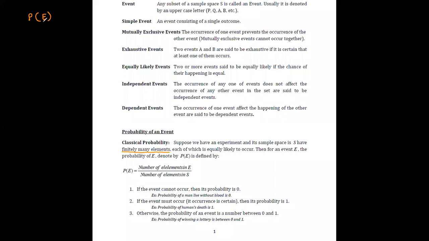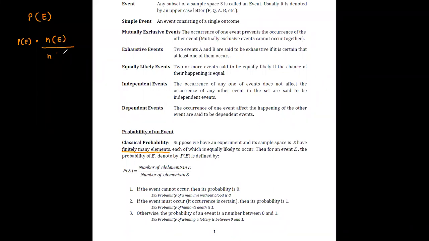Probability of event E can be defined as the number of elements in the considered event divided by the number of elements in the sample space.